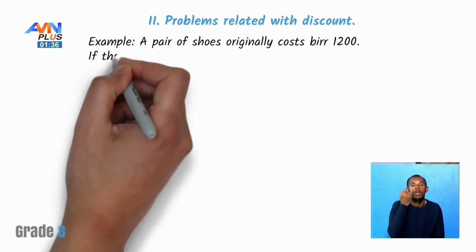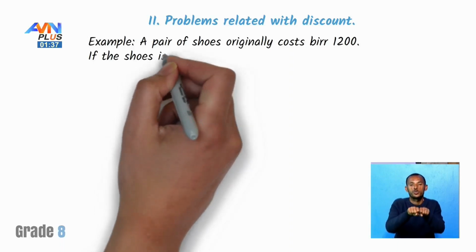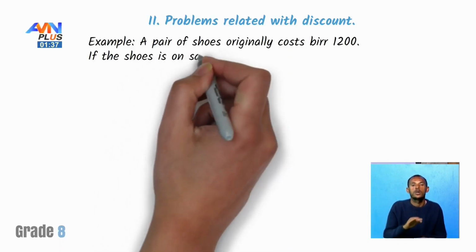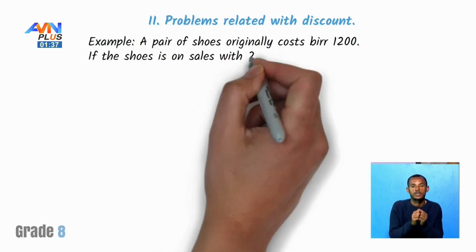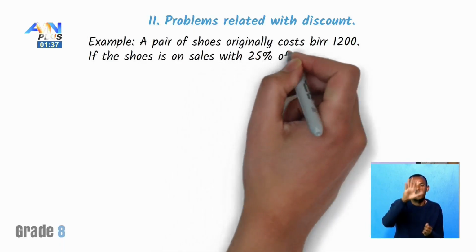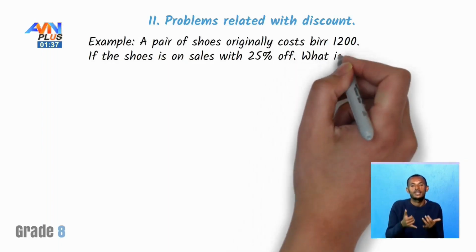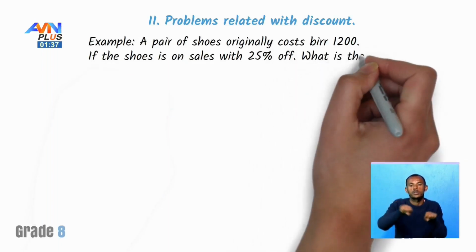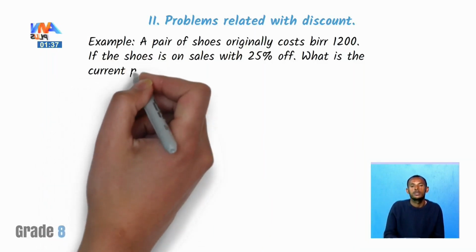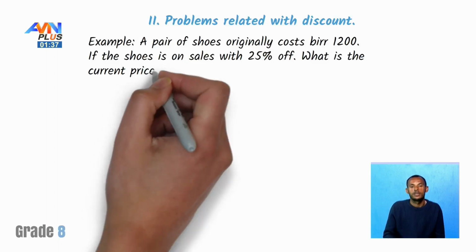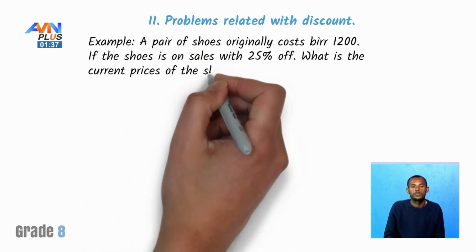If the shoe is on sale with 25% off, what is the current selling price of the shoe?